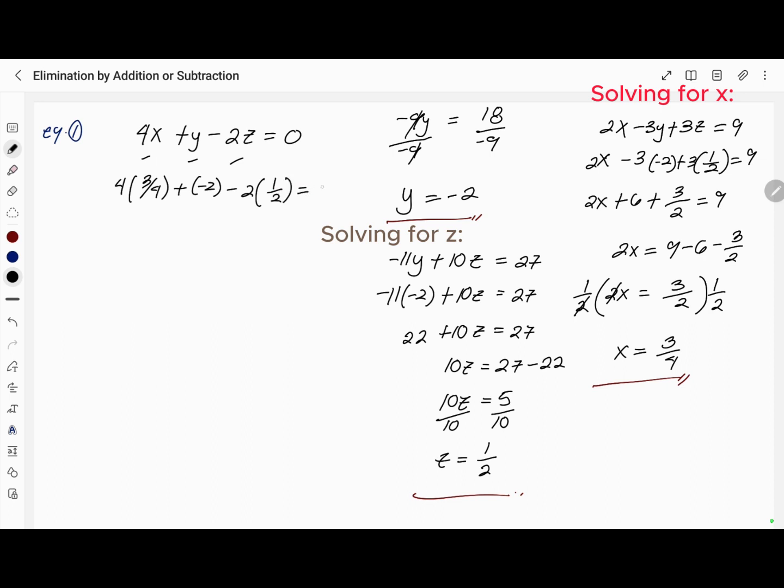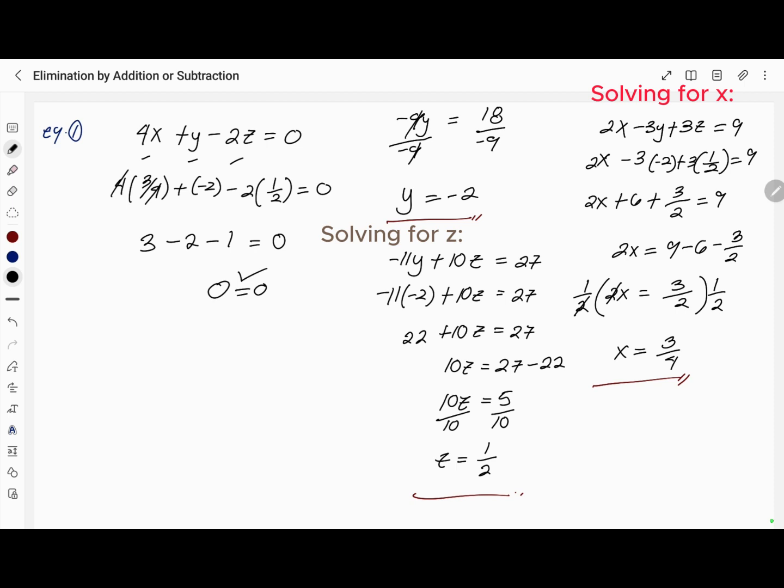So it should be equivalent to 0. So 4 times 3/4, that is 3. Then we have negative 2. Then 2 times 1/2, that is 1. 3 minus 2 minus 1 is equivalent to 0.